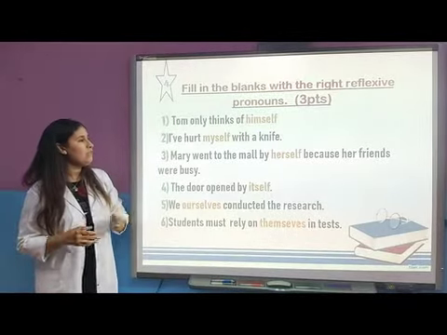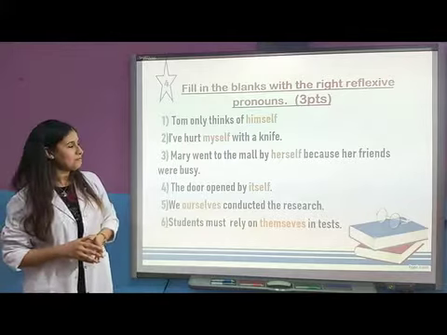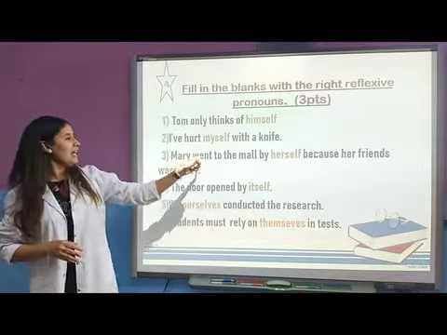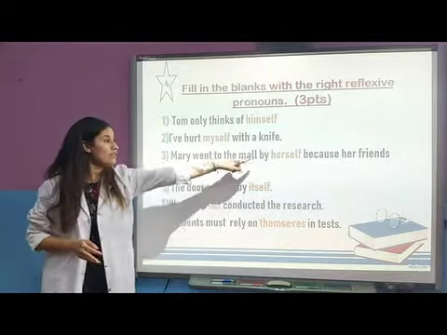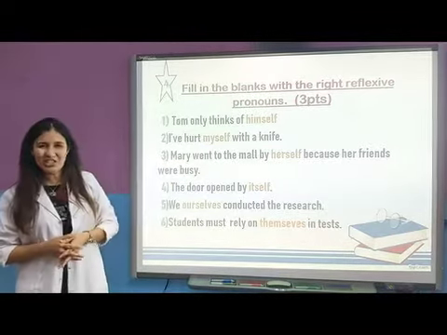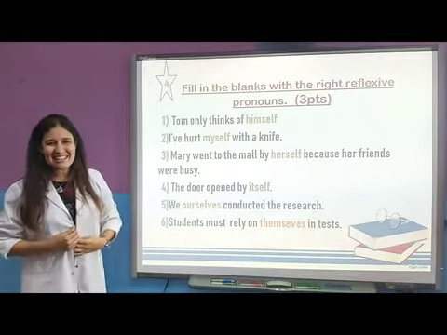Mary went to the mall by herself because her friends were busy. Here the subject is Mary, and she went to the mall by herself. Of course, herself refers to Mary, and Mary is a female subject, or she. And number 4, the door opened by itself.